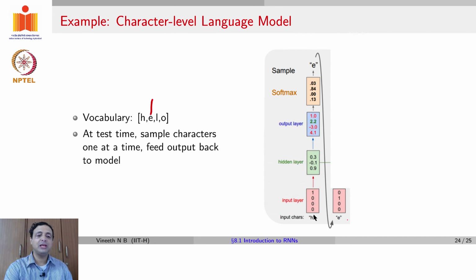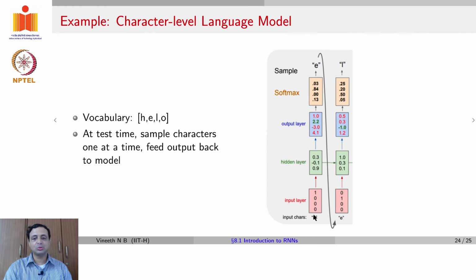So E, because of the position of E as the second index in your vocabulary, will be given by the one-hot vector 0, 1, 0, 0, and this is then passed through the same network, and you now get a softmax output as 0.25, 0.2, 0.5, 0.05.